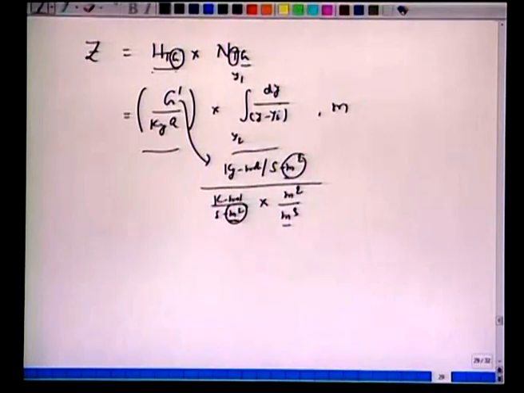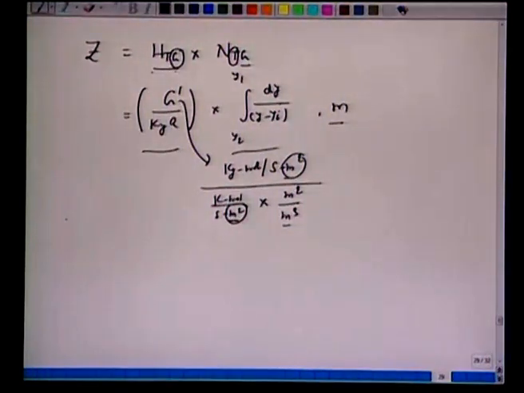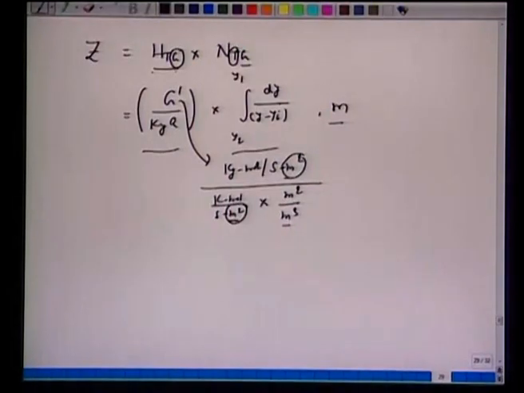So, from here it is easy to show that you should be able to obtain the unit of meter, which is the height of the column, and NTG is dimensionless. So, we have the expression for Z in terms of number of transfer units and height of a transfer unit.